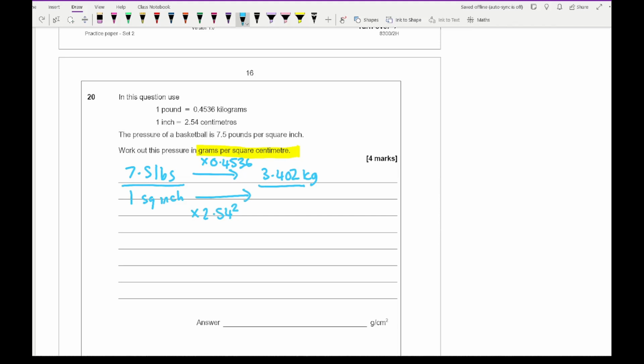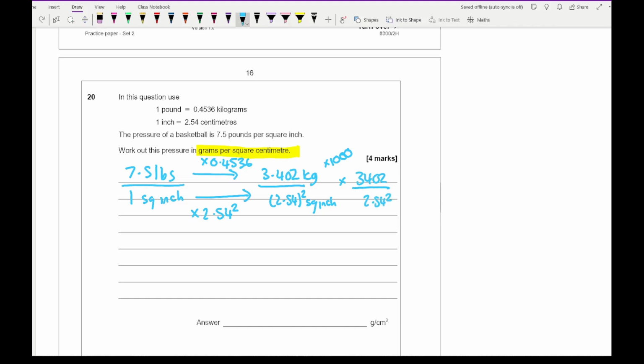So from this I get, and I'll put that in brackets, and that's square inches. Now I want it in grams, so then I need to multiply the top again by another 1,000, giving me 3.402 divided by 2.54 squared.